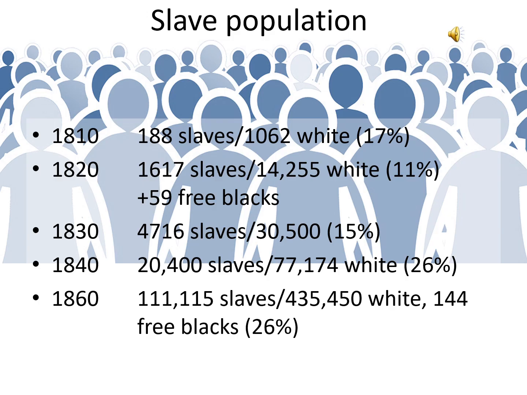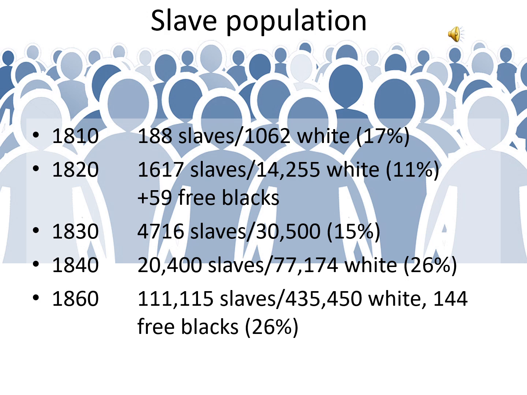Then in 1820, we see a big jump from 188 slaves to 1,617 slaves. That's a huge jump. However, the white population also jumped, so there was still only 11% slave population in Arkansas in 1820, and there were 59 free blacks registered in the state at the time as well.